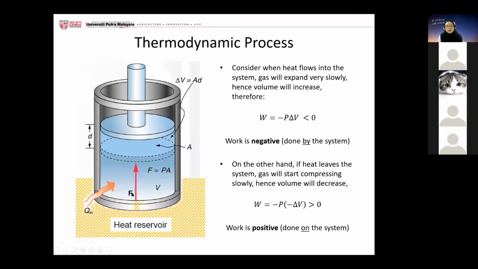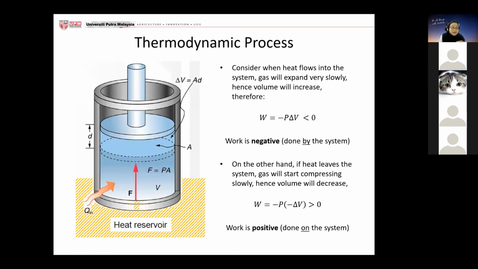Another situation: if heat leaves the system, the gas will start compressing, and then work is positive because the volume is decreasing. Volume is decreasing, work is positive. If you look at it just like this, you can understand the theory, and later on, whatever form of questions you find, it's going to be easy for you to figure out.